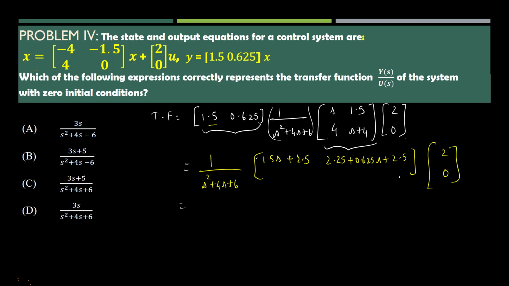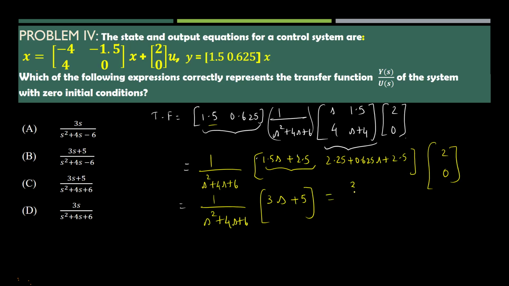Now, multiplying this row matrix and this column matrix. So 1.5s plus 2.5 into 2. Okay, 1.5s into 2, 3s, 2.5 into 2 plus 5. Okay, so this into 0, that is 0.